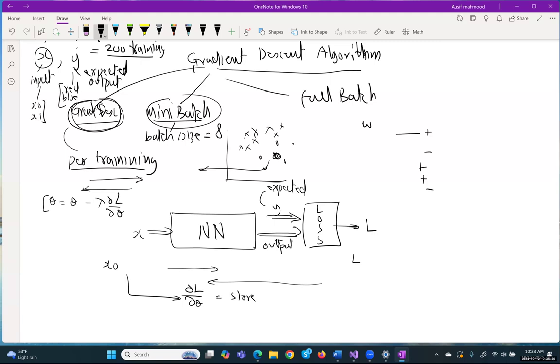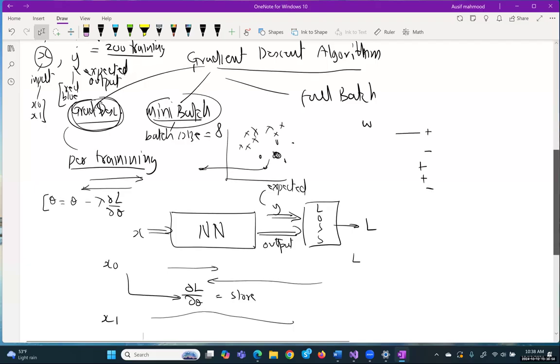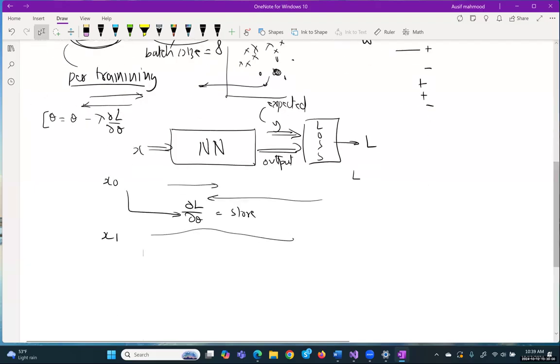Then we'll pick another data item. Suppose we pick X1 from our training pairs. We again feed it through our network, compute the loss, compute the gradients, go back, and compute partial L over partial theta corresponding to the second input, X1.